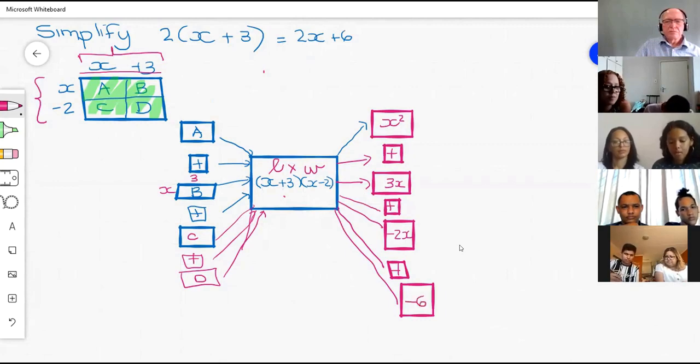Now, does x squared have a friend on the right-hand side? Jared, is there another x squared on the right-hand side? No, ma'am.